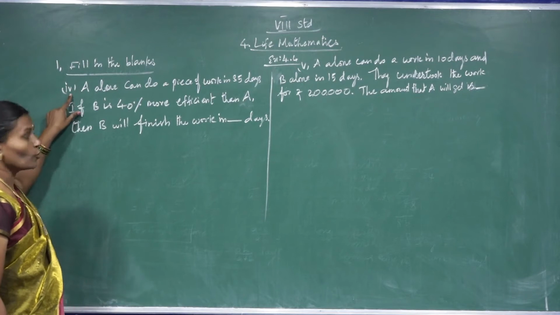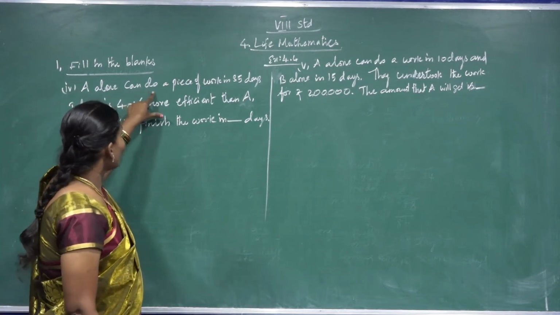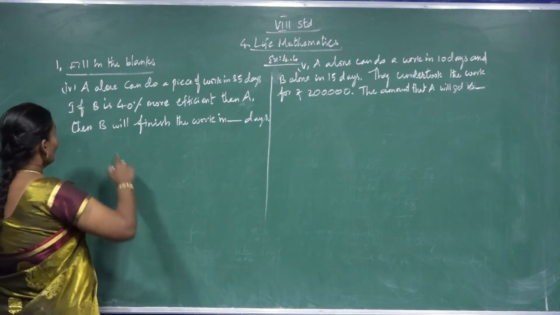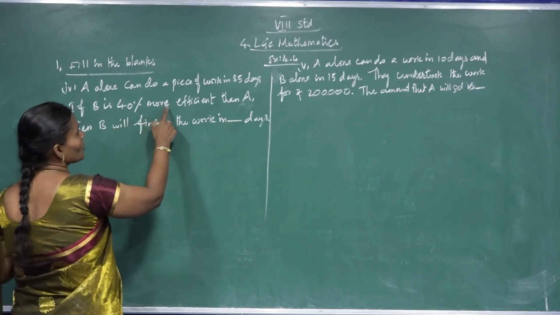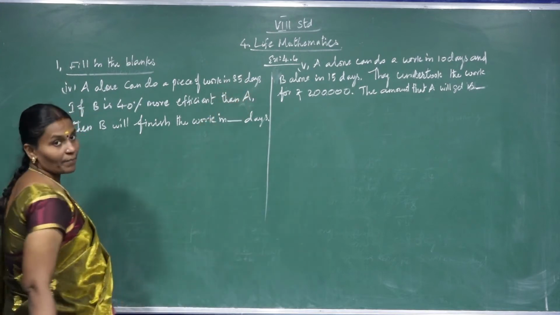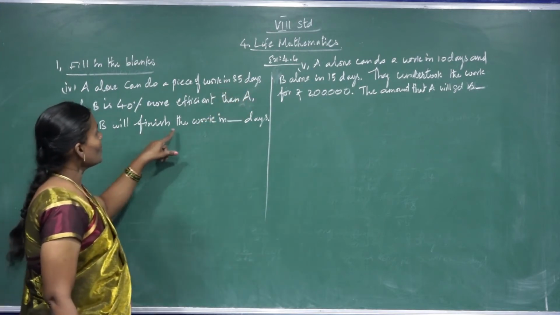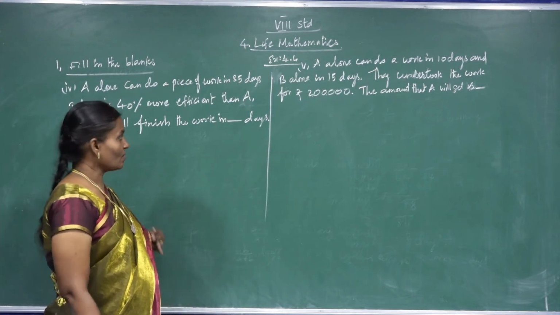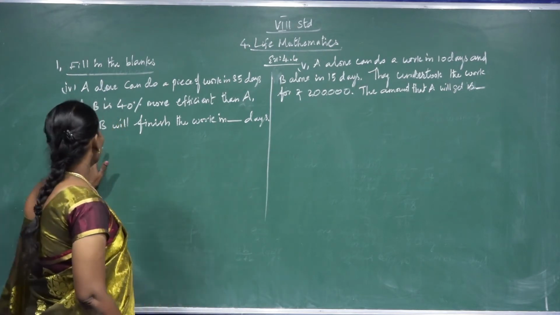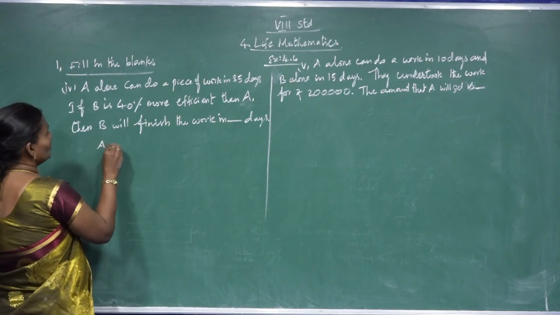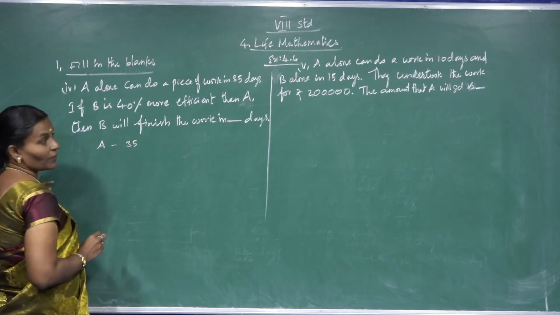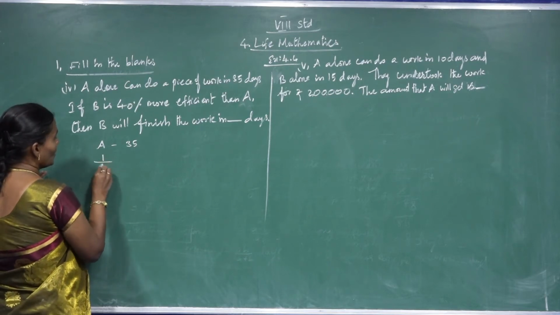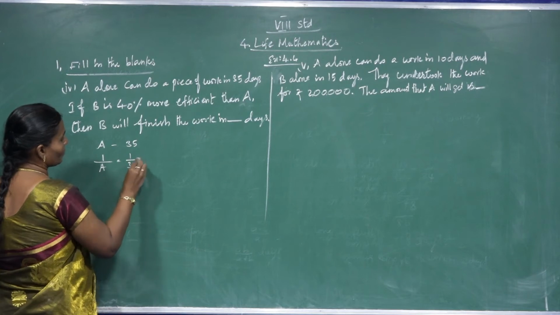First topic, fourth one. A alone can do a piece of work in 35 days. If B is 40% more efficient than A, then B will finish the work in dash days. How many days? That is the question. Here A alone completed in 35 days, so 1 day's work, 1 by A, is equal to 1 by 35.